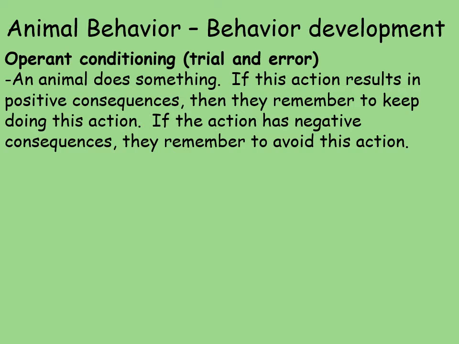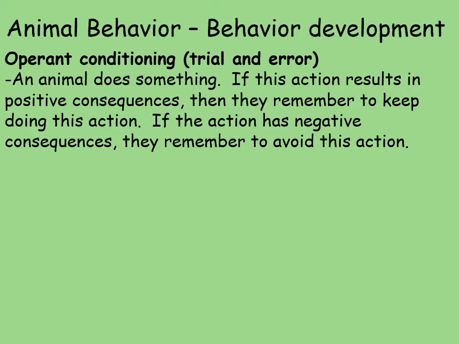In operant conditioning, that's not going on. The animal is actively doing something, and they're learning to make connections between their actions and positive or negative consequences. So it's all based on what the animal actually does. Whereas in classical conditioning, they don't have to do anything. They're just making connections between what they observe externally.